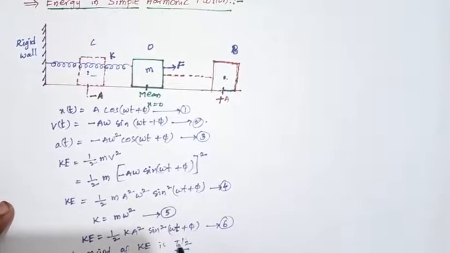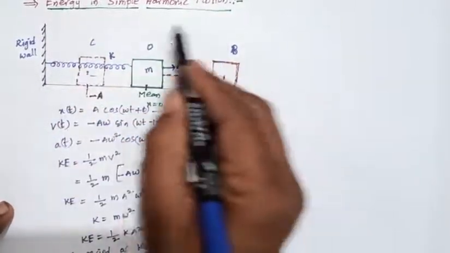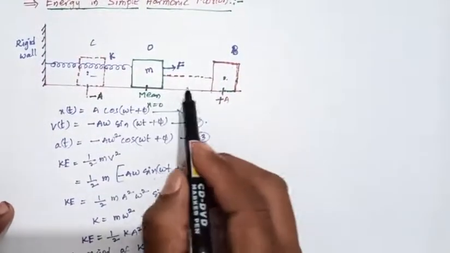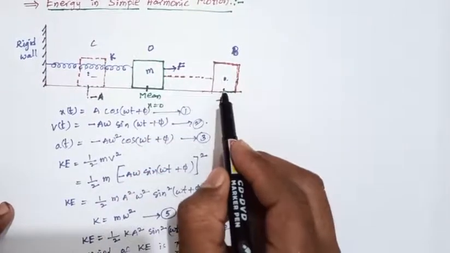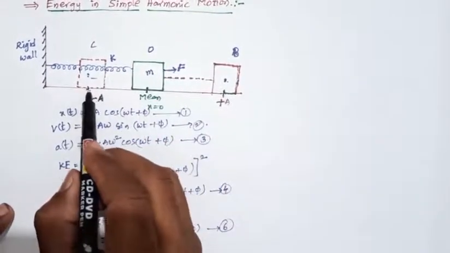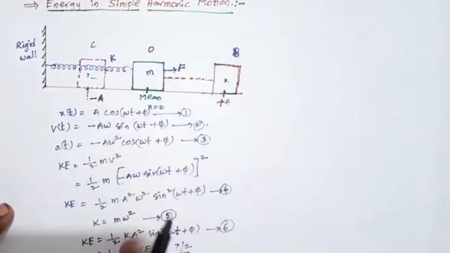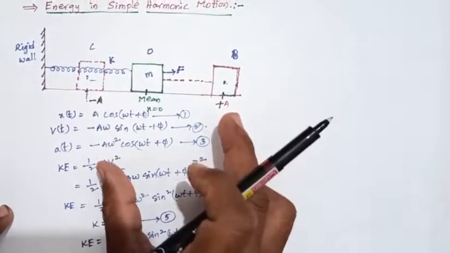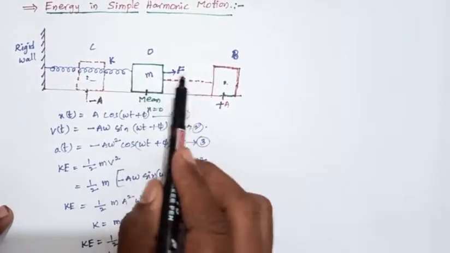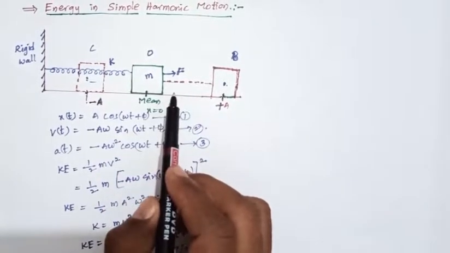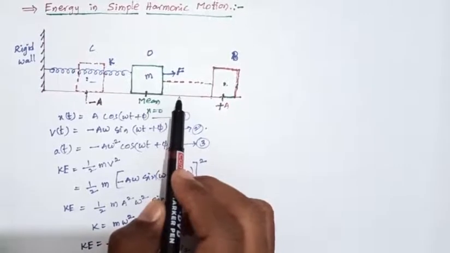So T by 2 is nothing but one complete oscillation when a particle goes from B point to A point and back to B point. For simple harmonic motion, the time required for one oscillation is called the time period.